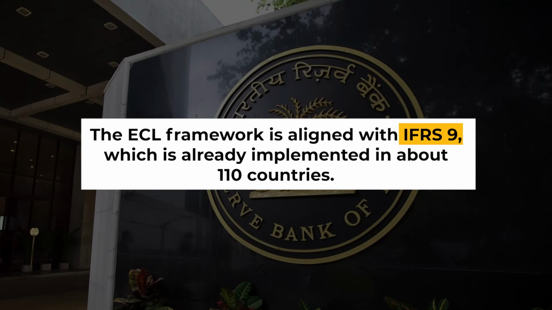This expected credit loss framework is in alignment with IFRS 9 standards. About 110 countries have already implemented this framework, and now RBI has introduced it in India, because by now most of the banks have the necessary data, wherewithal and infrastructure to be able to implement this framework.